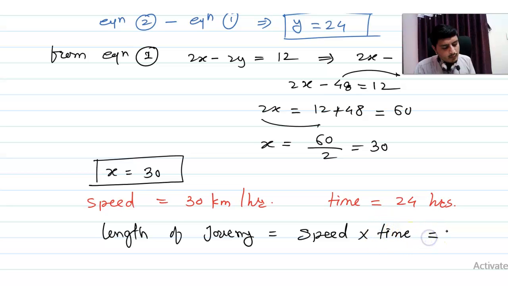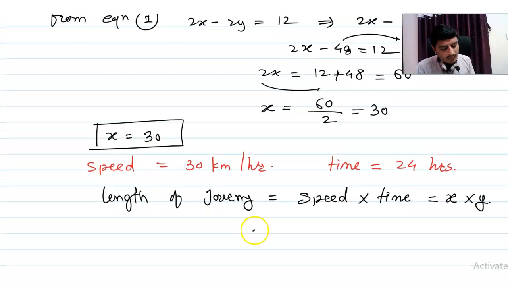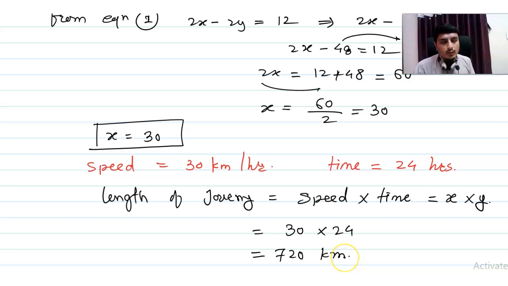Originally the speed is x and the time is y, so x into y. The value of x is 30, the value of y is 24. 30 into 24 is 720. The unit is kilometer. So the length of the journey is 720 kilometers.